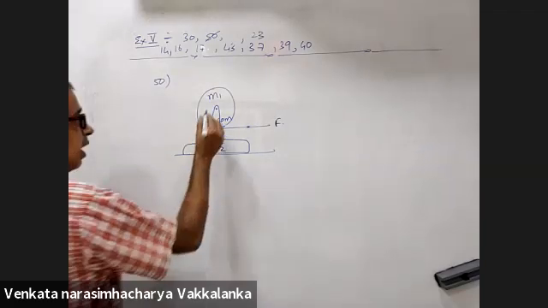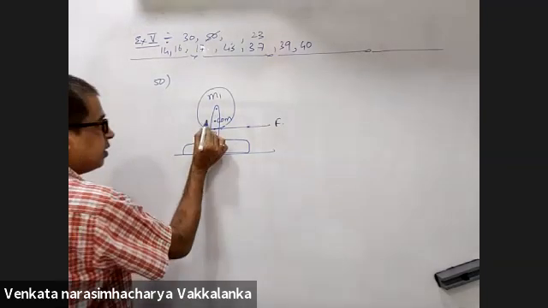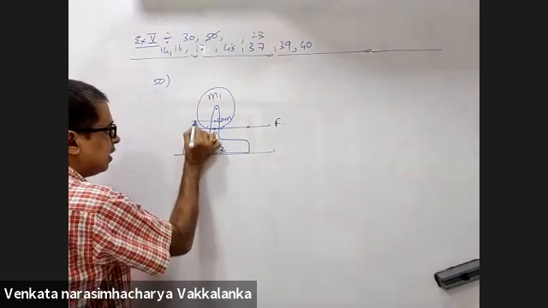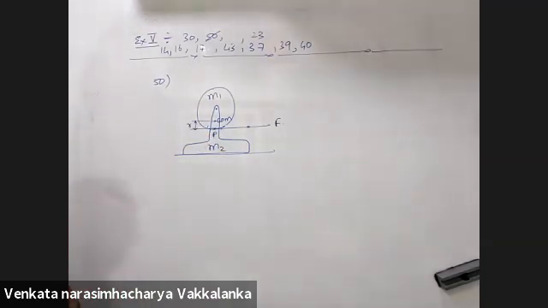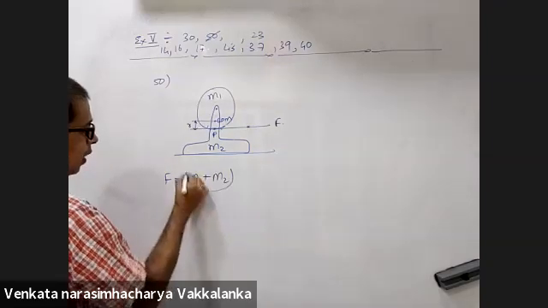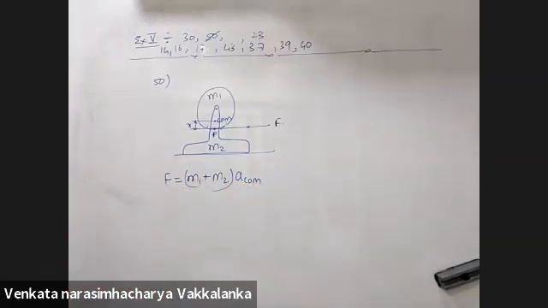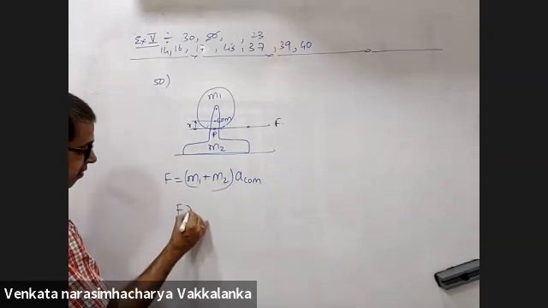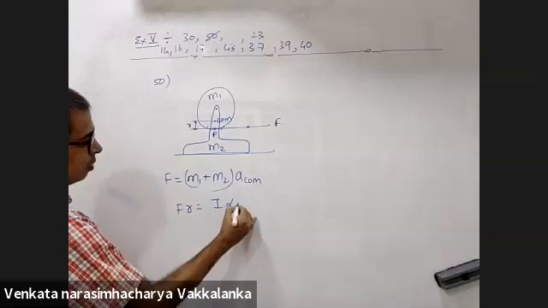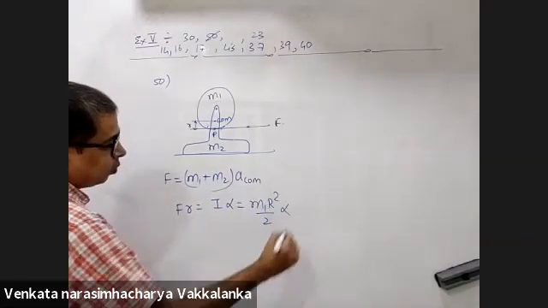We will take R to be the distance of point P from the center of mass. First equation: F is equal to M1 plus M2 into acceleration of COM. Second: F into R is equal to I into alpha, M1 R square by 2 into alpha.